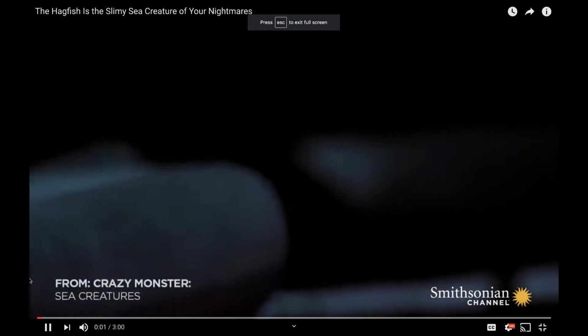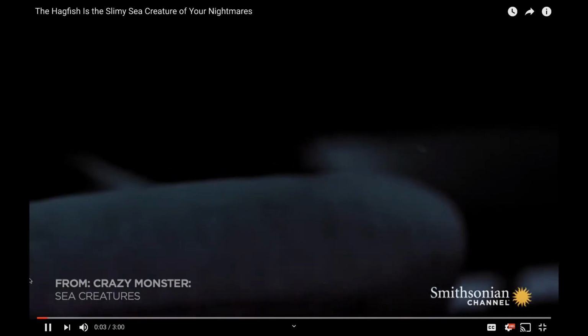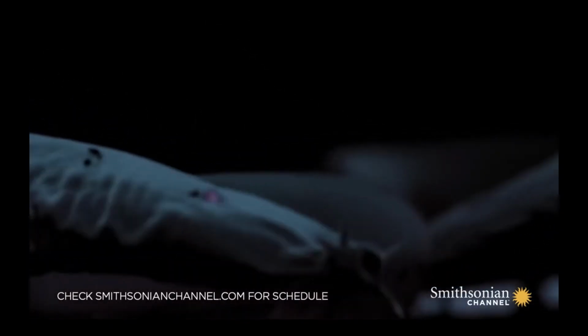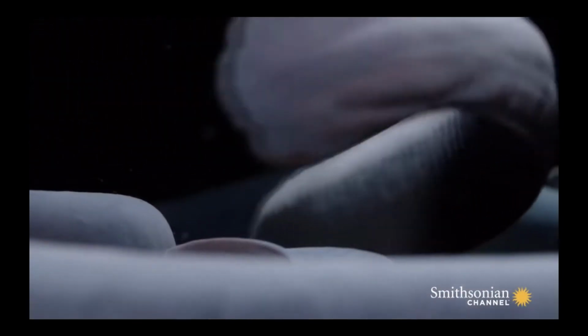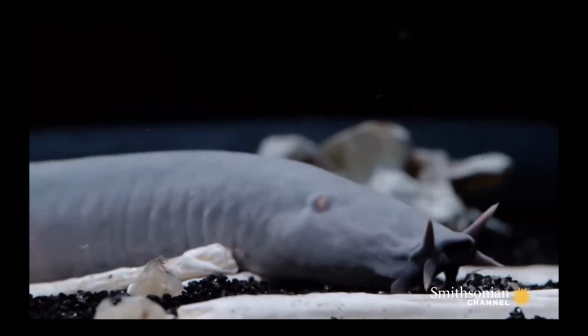At the bottom of the ocean dwells a bizarre-looking creature. A fish so ancient it has remained unchanged for 300 million years. This is the hagfish. Its velvet smooth skin lacks scales and slithers along the ocean floor.